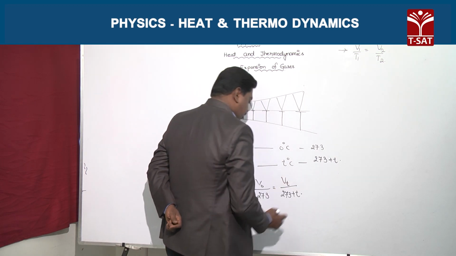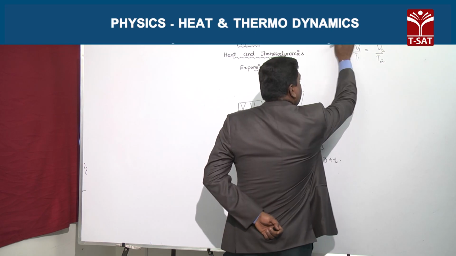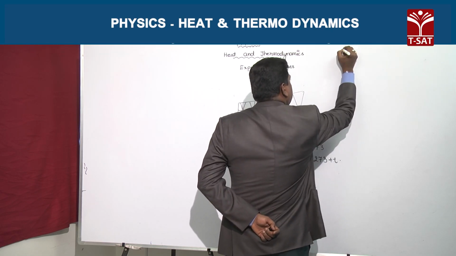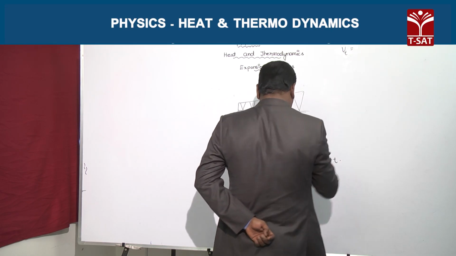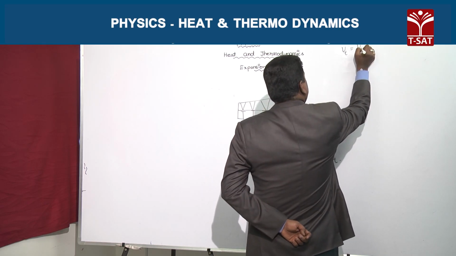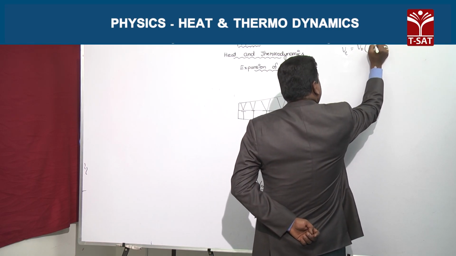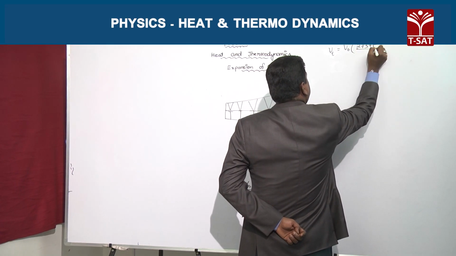This I can write as Vt equals V0 into 273 plus T by 273.